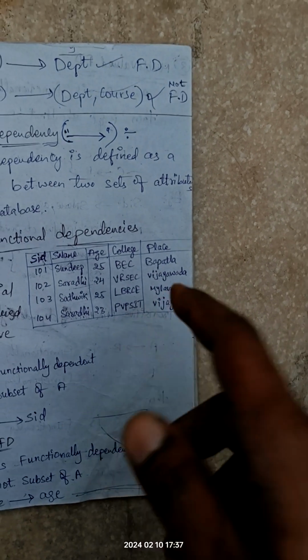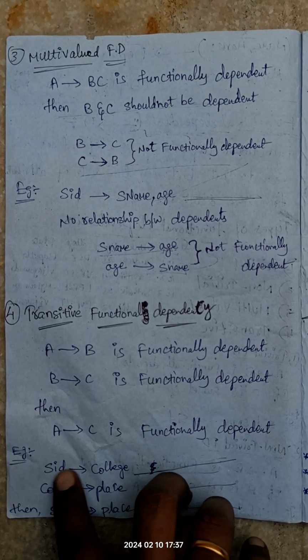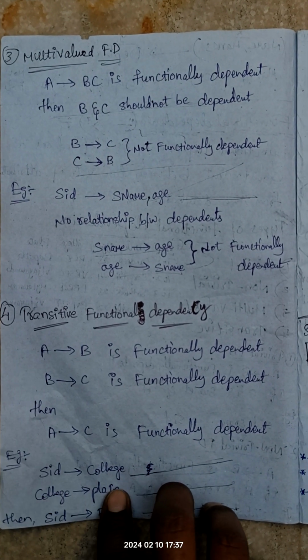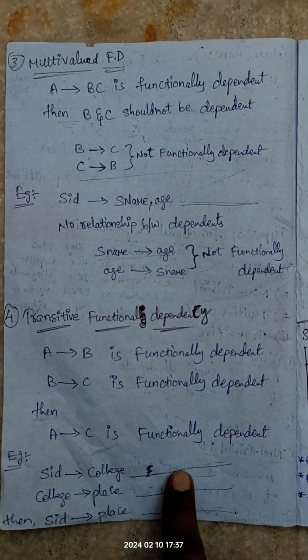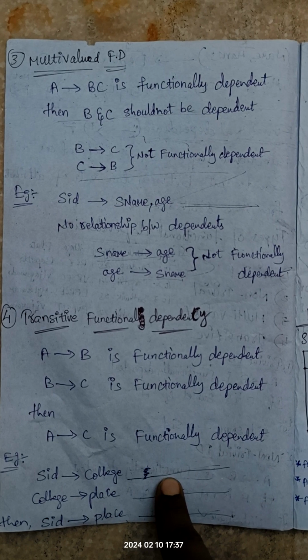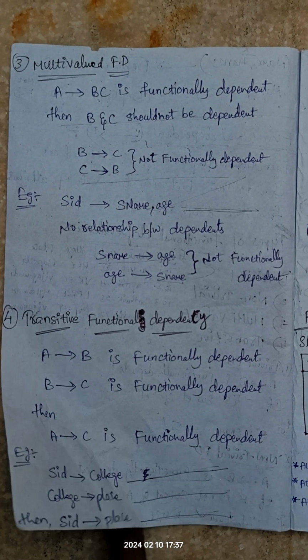So here student ID tends to college is functionally dependent, college tends to place is functionally dependent, and student ID tends to place is also functionally dependent.